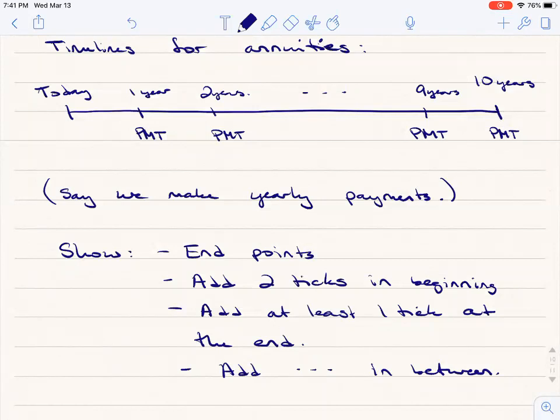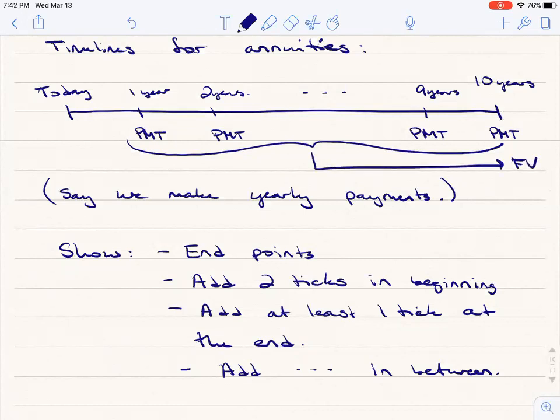To denote that we're calculating the future values of all these payments, we're going to join them. You can do a square bracket if you want, I just think it's fun to do a curly bracket. So just funneling them all together and then drawing the arrow to say I'm calculating a future value, or a present value if you're going back to today. It's the same idea, it's just now we've got these lumps of payments either going to a present value or a future value.